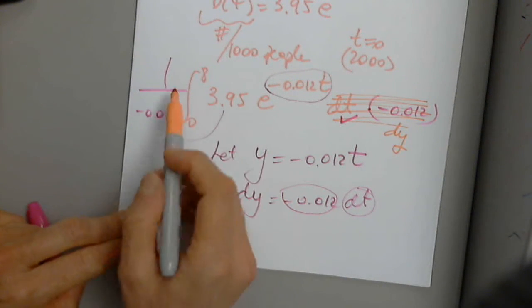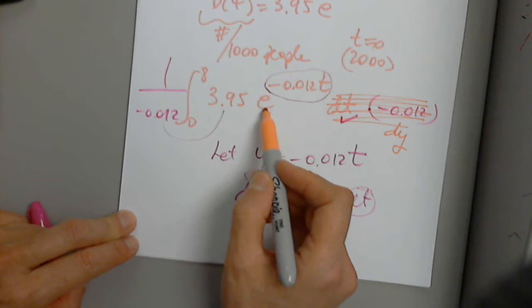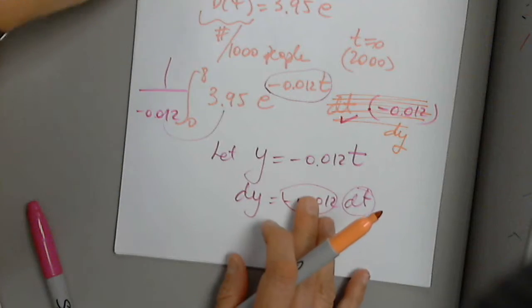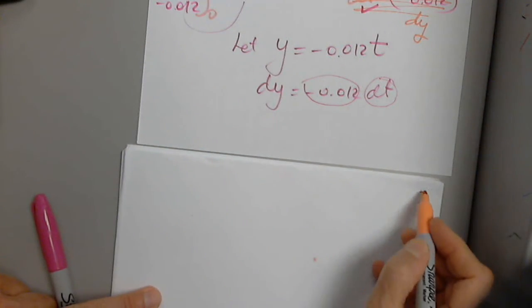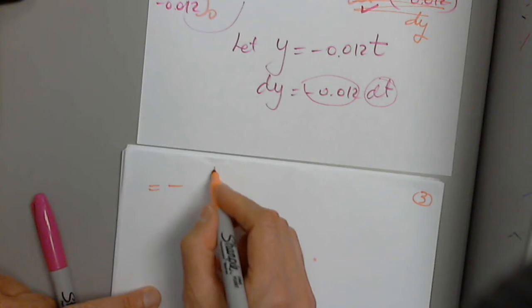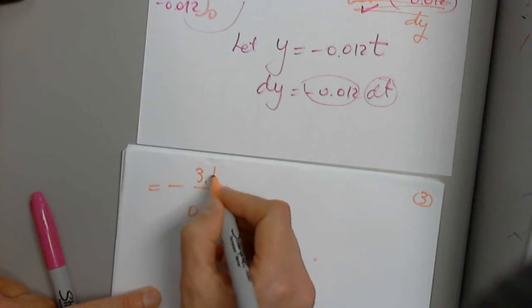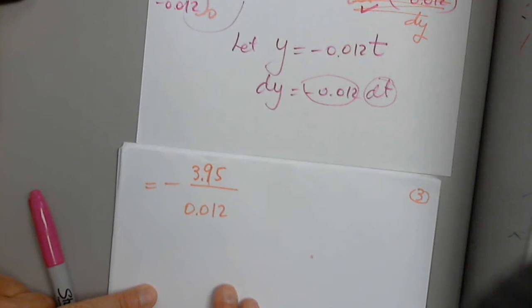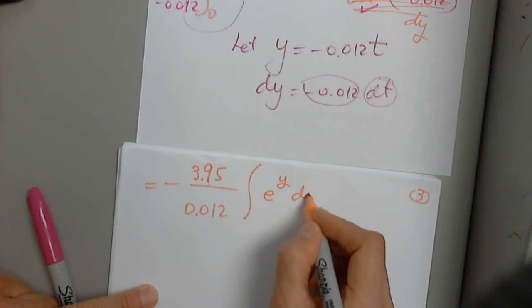This number goes in front at the top. It's a numerator, not the denominator. And this becomes e to y. So we continue. This will be negative 1 over 0.012 with 3.95 in front. Do not copy the limits of integration. And this will be e to y dy.